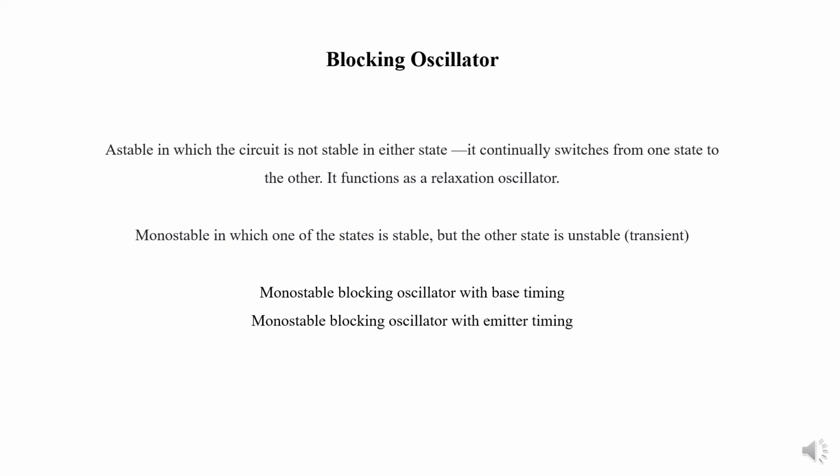But before that, we'll briefly cover what astable and monostable are. Astable is the one in which the circuit is not stable, and it continuously switches from one state to the other. Monostable is the one where it remains stable in one state and in the other state it remains unstable, so such a transition is not allowed in the case of monostable.